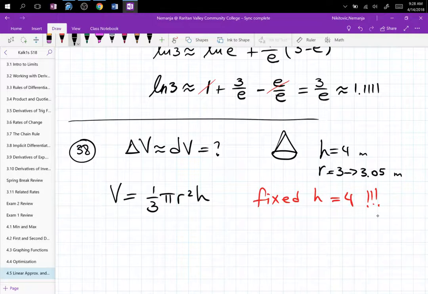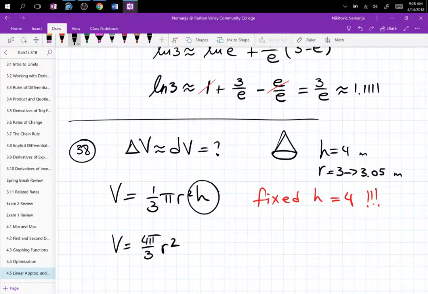So the volume formula for this particular case is going to be 4 pi over 3 r squared. Please don't confuse this with the volume of the sphere, because sphere is r cubed. One of the dimensions in our case is h, and that was hard-coded to be 4. That's the reason why we have this.